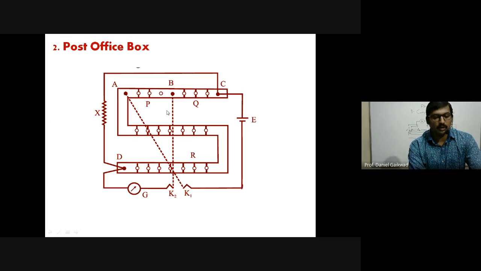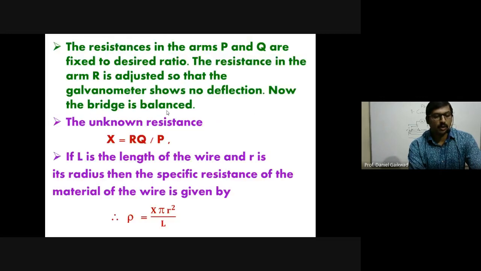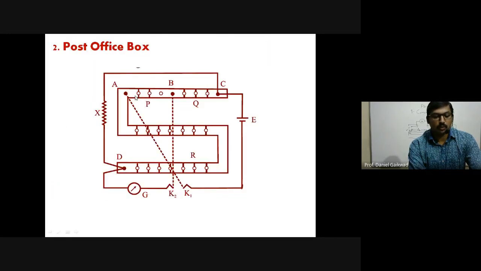Now, what are the shortcut points that we have in the next slide? For P and Q, check carefully, the resistances in arms P and Q are fixed to a desired ratio. Suppose we have taken these two resistances, 10 plus 10, suppose 20, and here 100 plus 100, 200, for example.